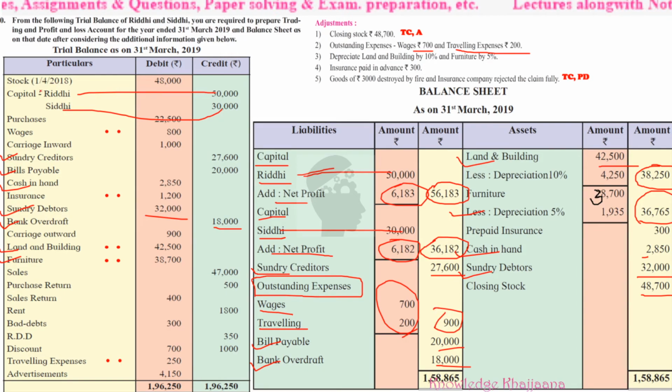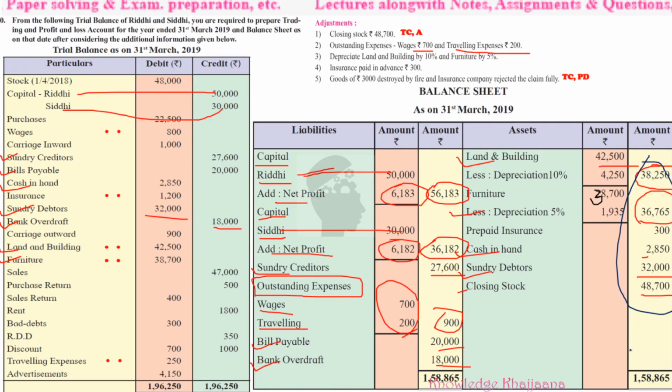Okay, with this we can see we have recorded all the items given in the trial balance, debit and credit side, as well as we have given effect to all the items in the adjustments. Okay, so with this we have recorded all the items. Now it will be just the total. So let's total all the items on the asset side of the balance sheet.